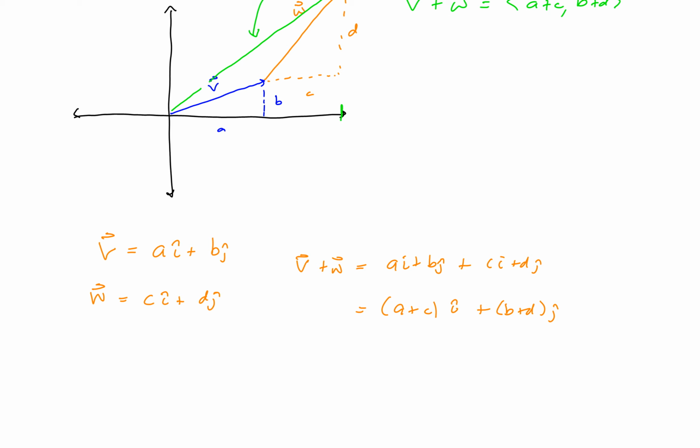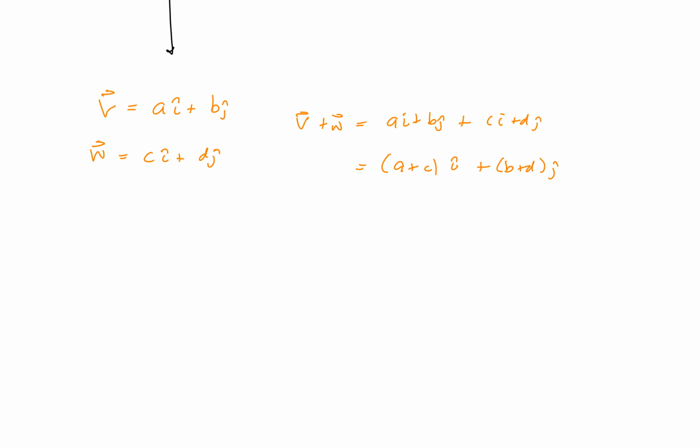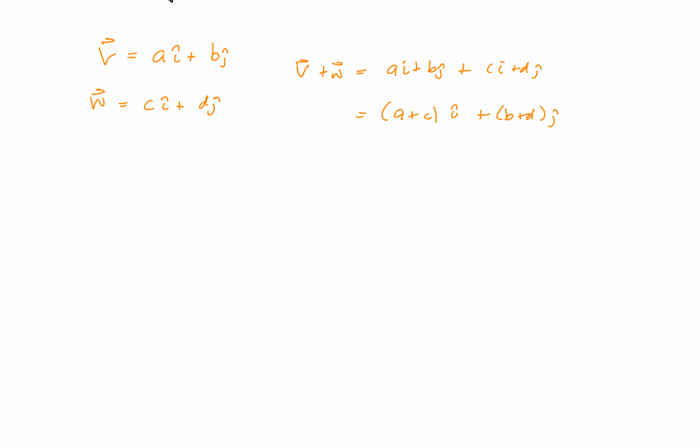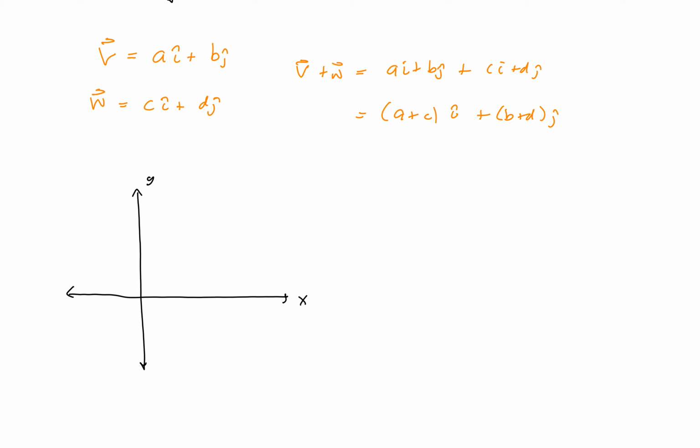So we can also consider subtraction. So if I have the vectors in this case, let's again think about our vector v here and our vector w. Well, there's two ways to think about what v minus w would look like.